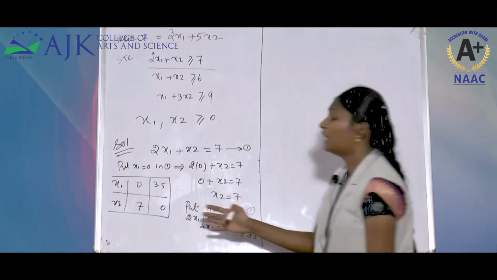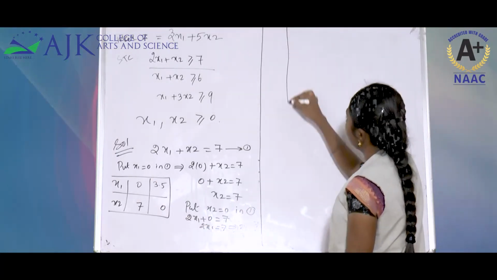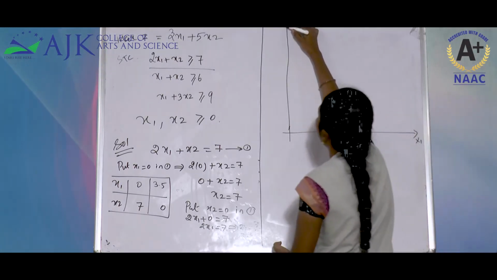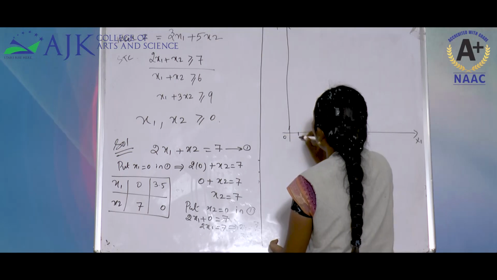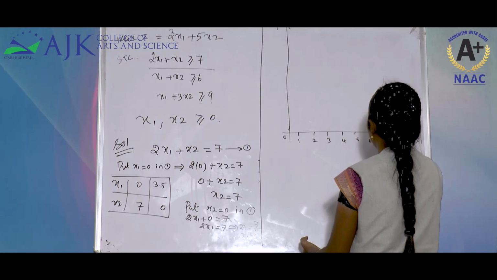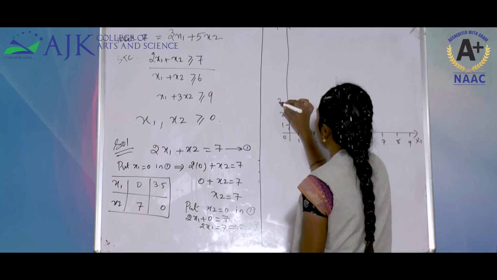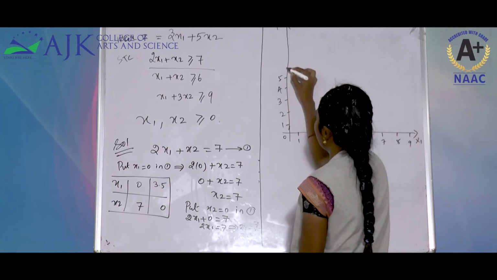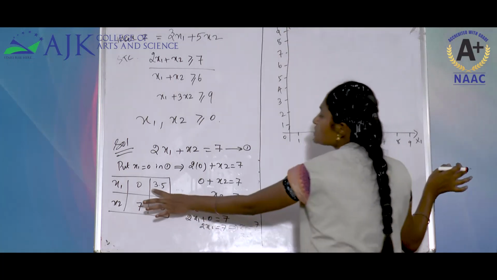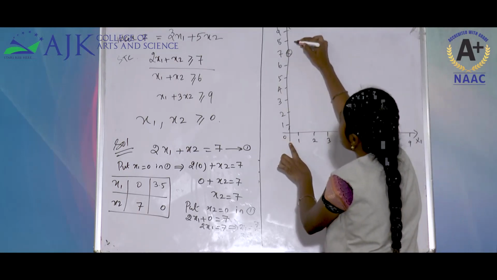Next, we have to plot the graph for these points, right? x1, x2. So 0, 7: in the x1 axis 0, in the x2 axis 7.